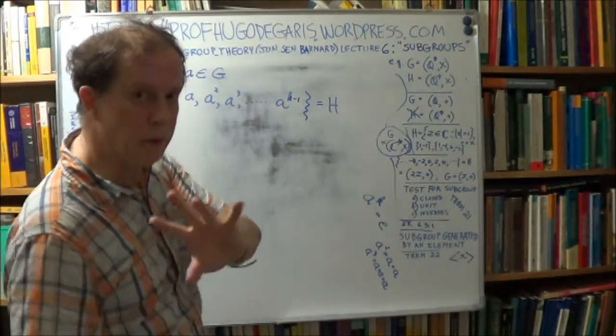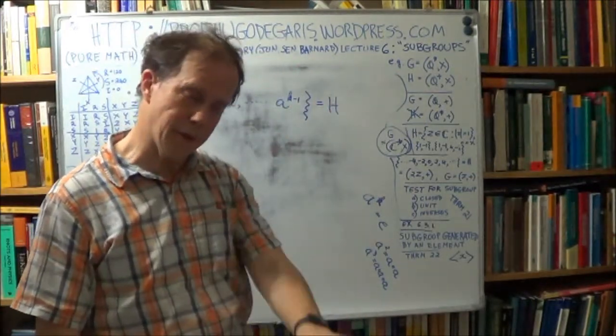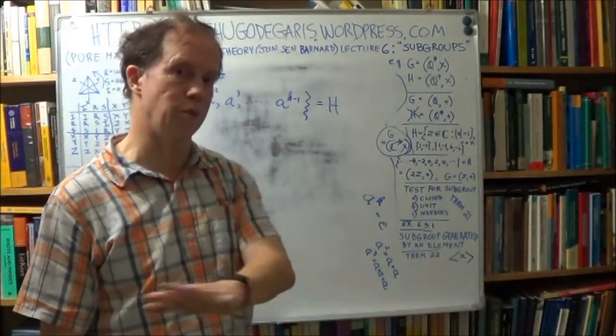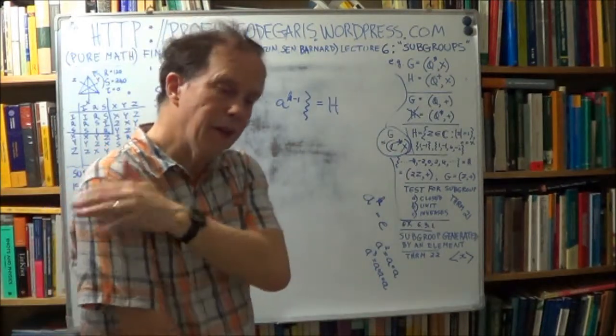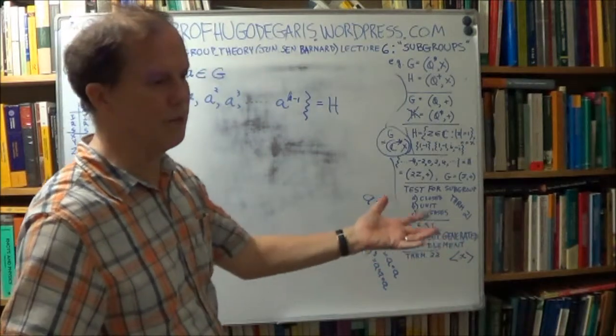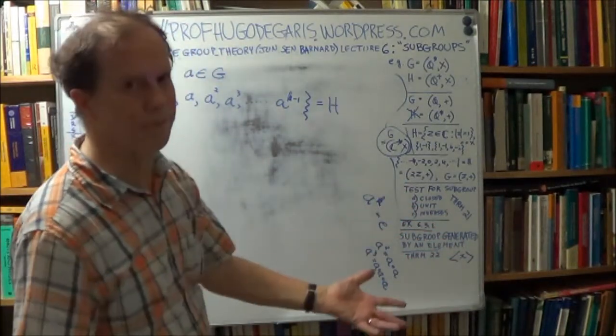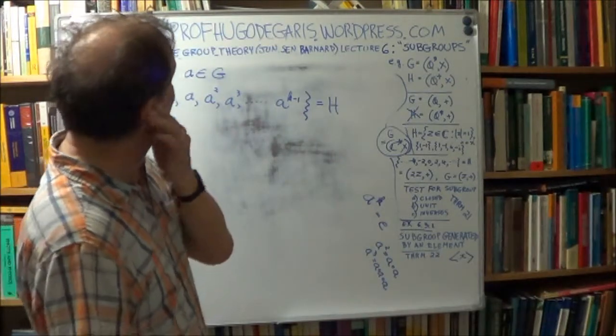Okay? Now remember the distinction between the order of a group and the order of an element. It's unfortunate that the same term is used for both, but it's set in stone now. It's hard to change because thousands and millions of mathematicians have learned this, so it's sort of too late to change.